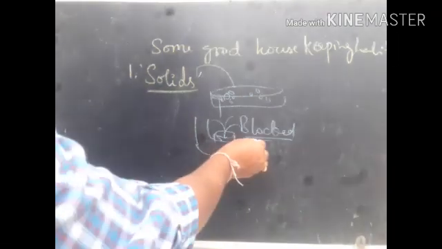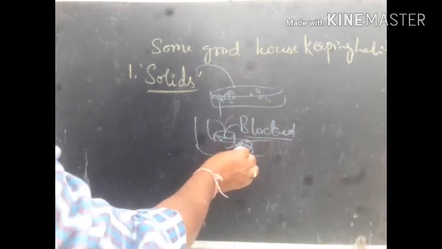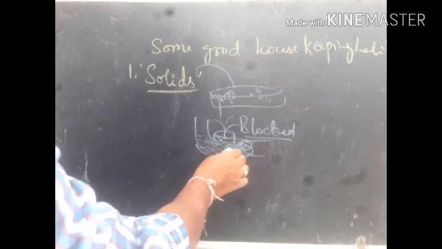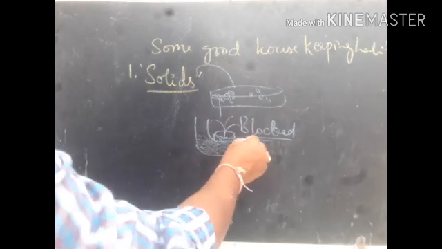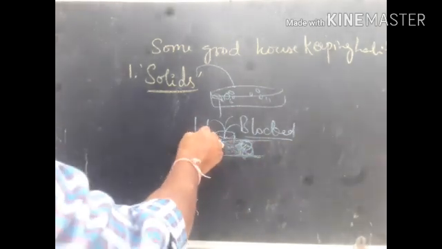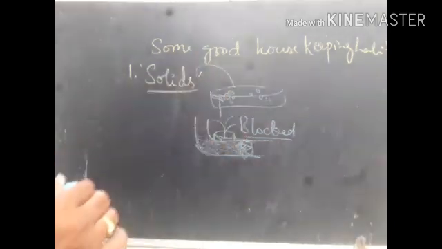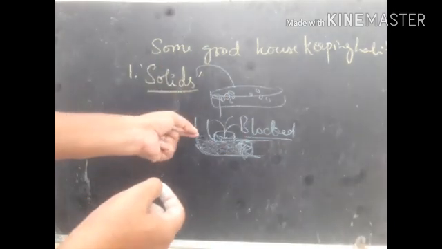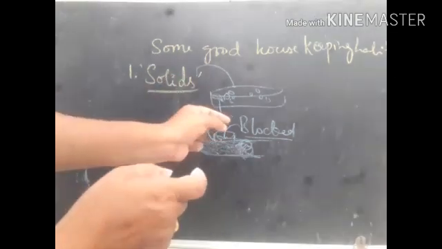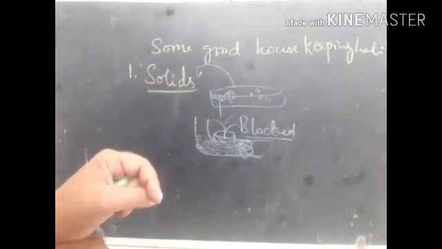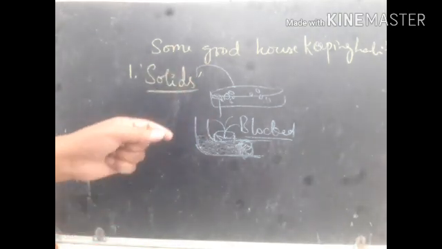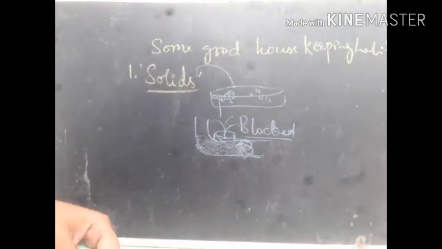One more problem is that when solids accumulate, there is no chance for oxygen to dissolve in the sewage water, so the aerobic bacteria become inactive, and even though it contains organic material, it does not undergo decomposition due to lack of oxygen. So the remains stay as they are because of the blockage of the drainage.